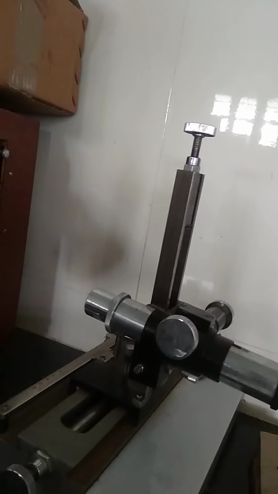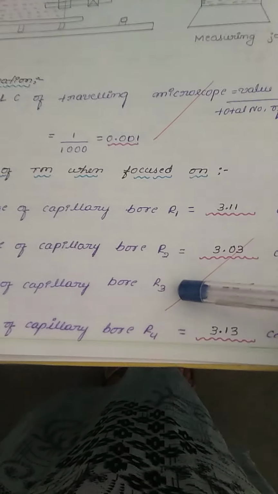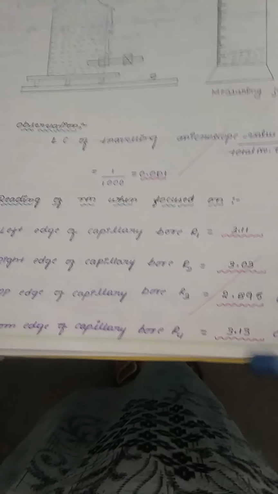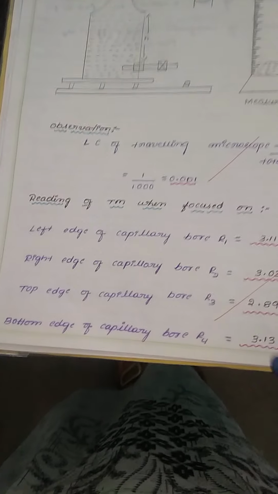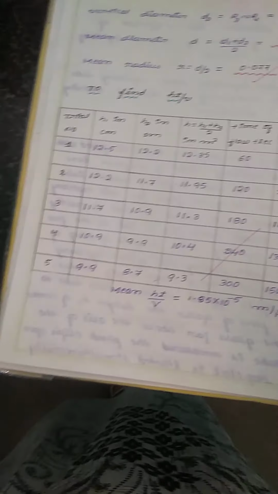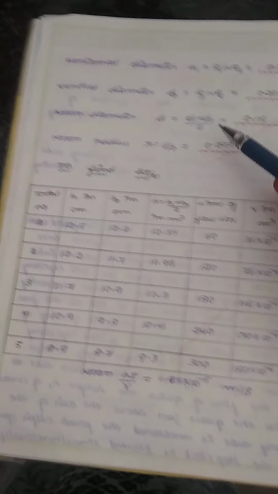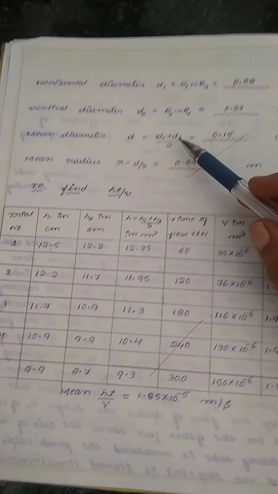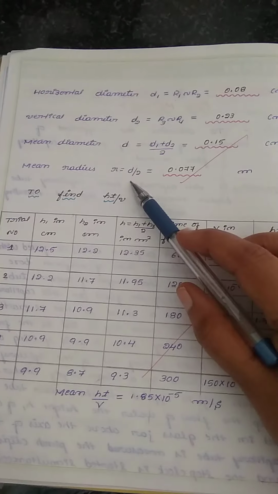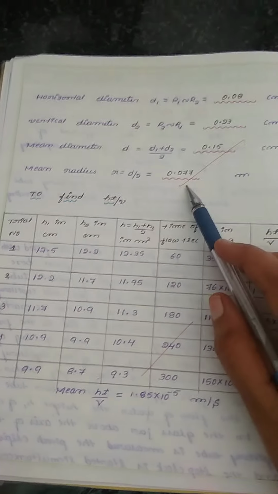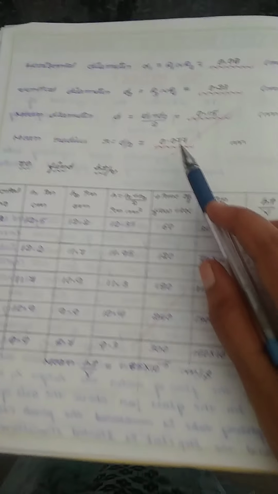We get 4 readings, R1 and R2, R3 and R4. This is the left edge, right edge, top edge and bottom edge. Those are the 4 readings we have to get from the travelling microscope. Then the diameter we calculate using d1 and d2 divided by 2, and the radius is d by 2. We have to get the radius of the capillary tube.